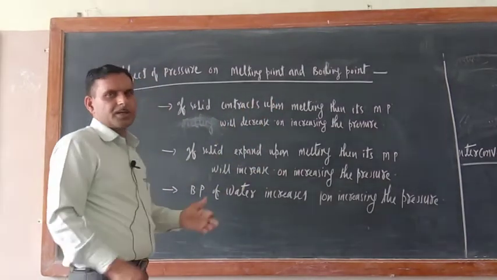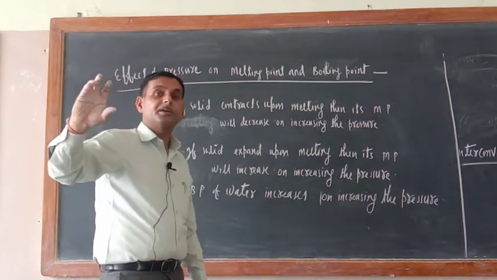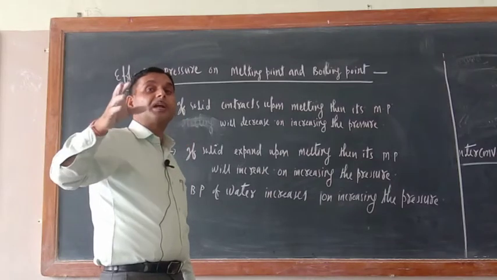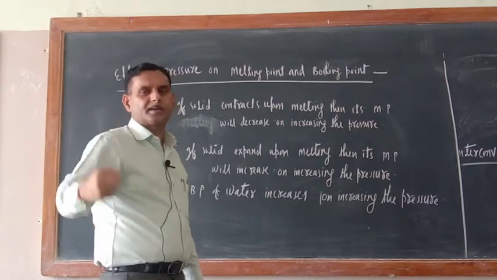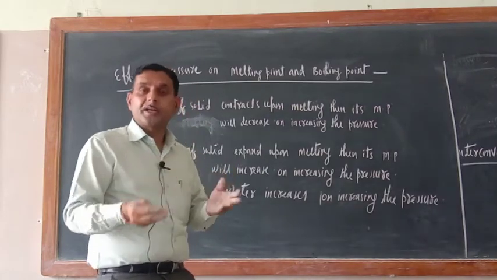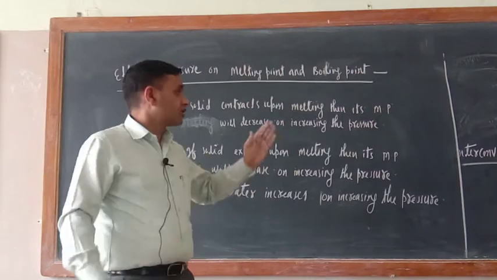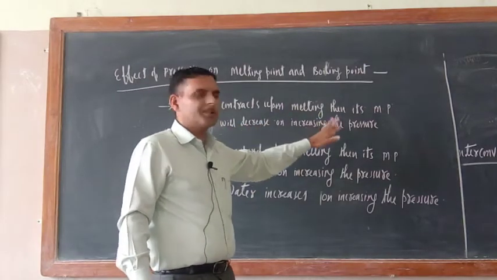Try to understand, there are different kinds of solid. One type of solid gets contracted on melting. If a solid gets contracted upon melting, its melting point will decrease on increasing the pressure.